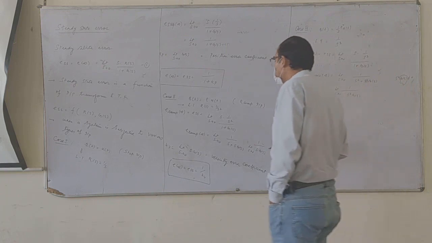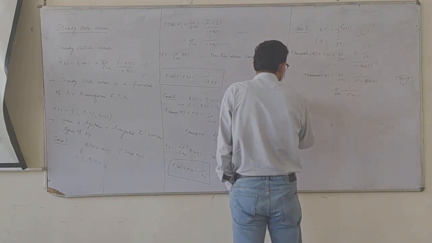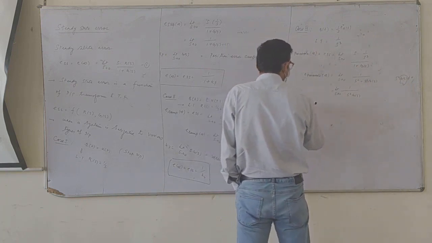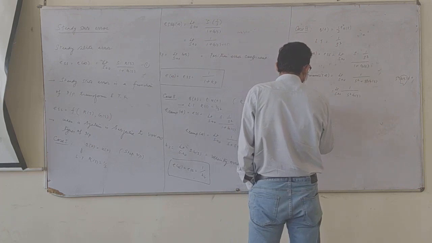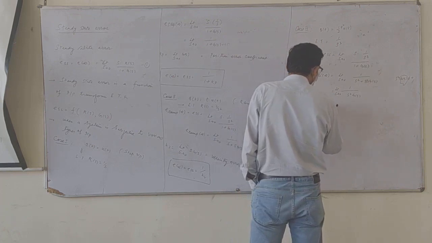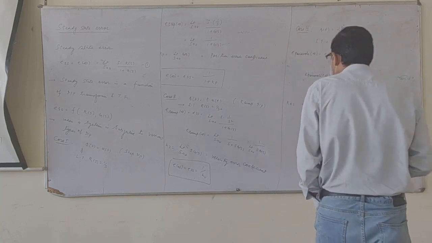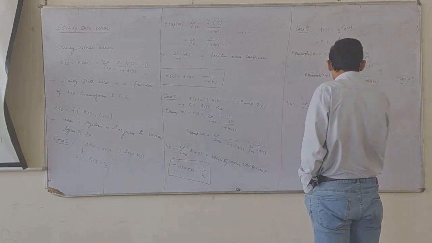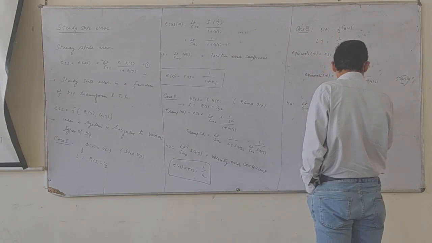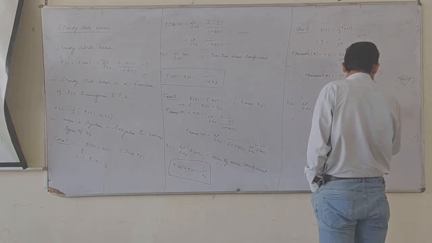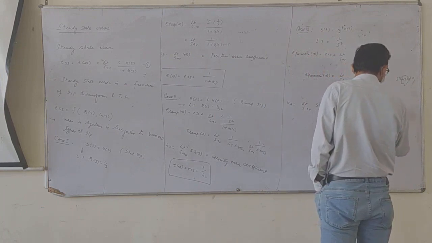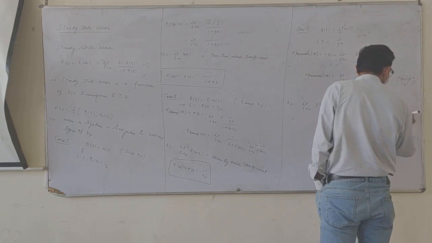So another term will come into the picture, that is Ka, which should be equal to limit s tends to 0 of s square G of s, which is the acceleration error coefficient.